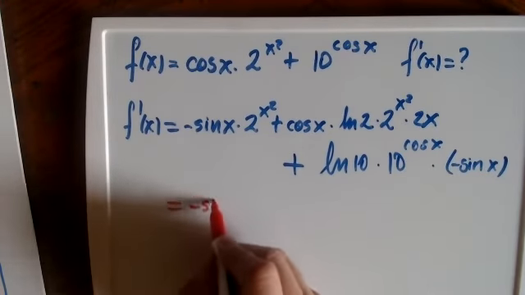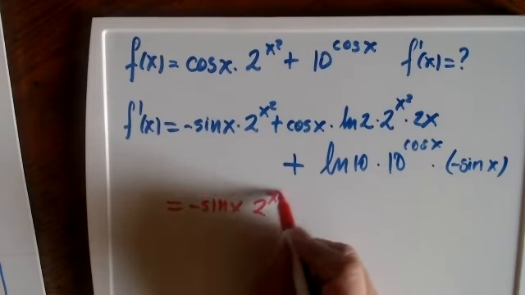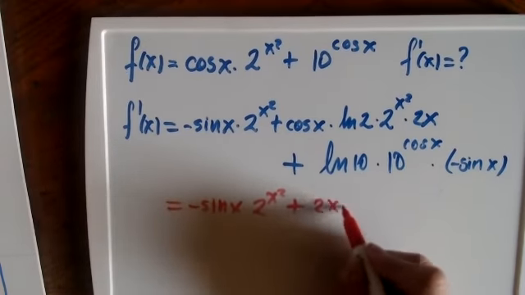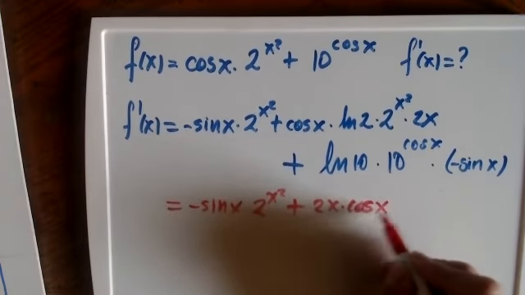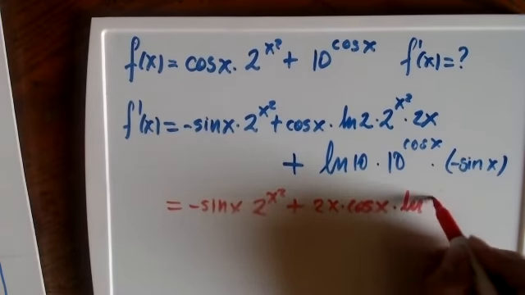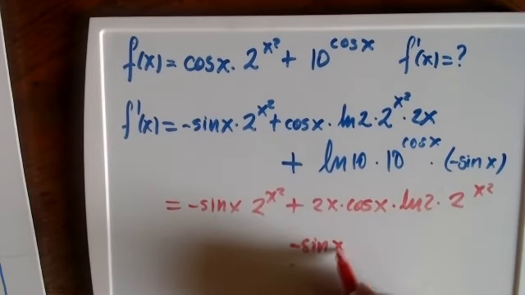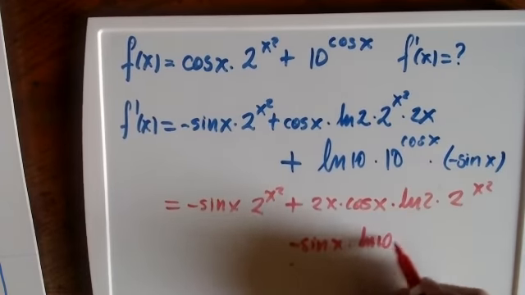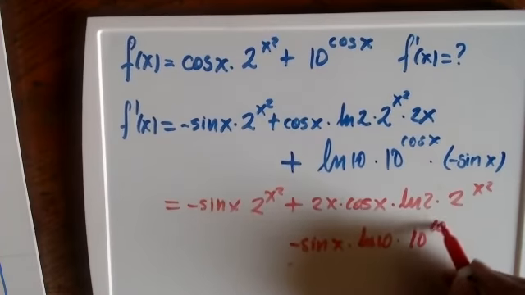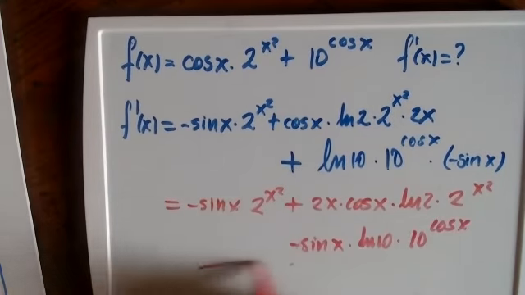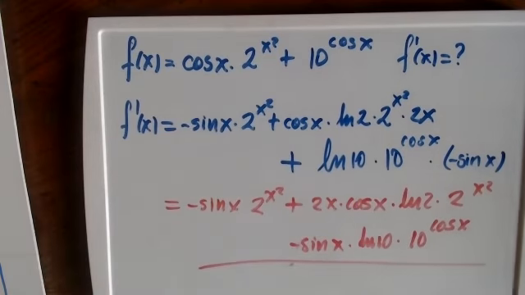So it's negative sine x, 2 to the x squared, plus 2x times cosine x, ln 2 times 2 to the x squared, plus, well, minus sine x times ln 10 times 10 to the cosine x. So, as I told you in other situations, the derivatives are pretty simple to get.